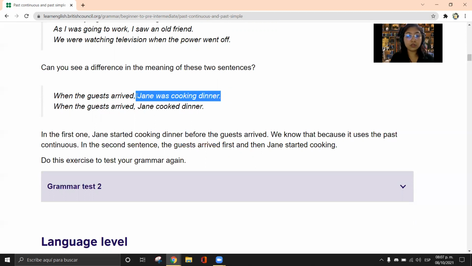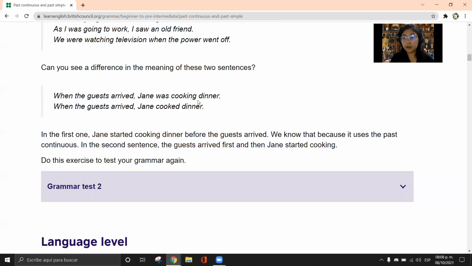So when we use the past continuous, it means that an action started before the moment of speaking, then something happened that interrupted the action, or depending on the situation, it continued after that specific moment. When you use the past simple, it means that it's like a sequence of events. So one after the other. One event has to finish for the other one to start, right? So it's like a succession of actions.